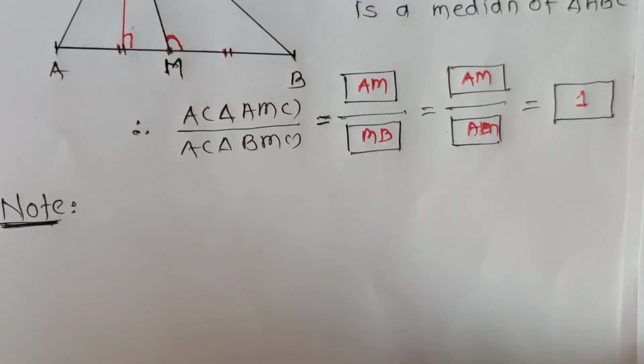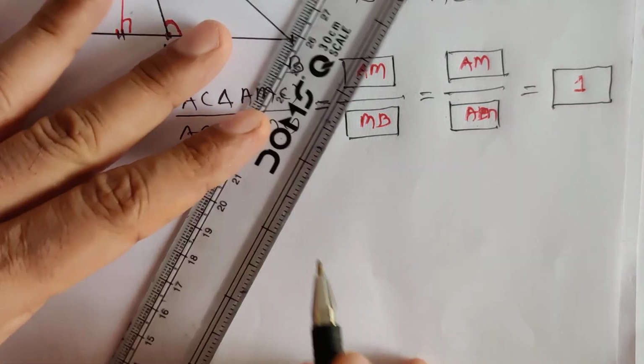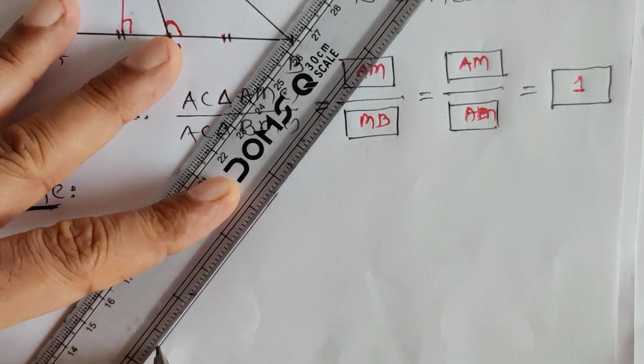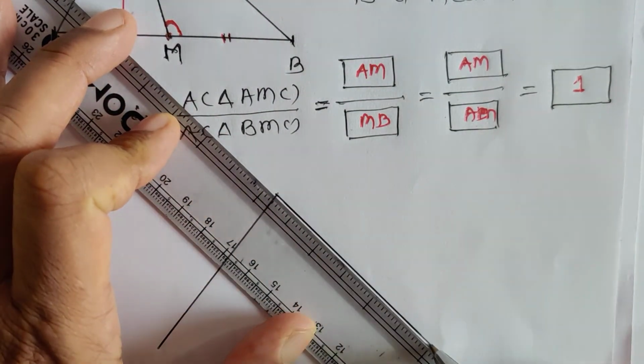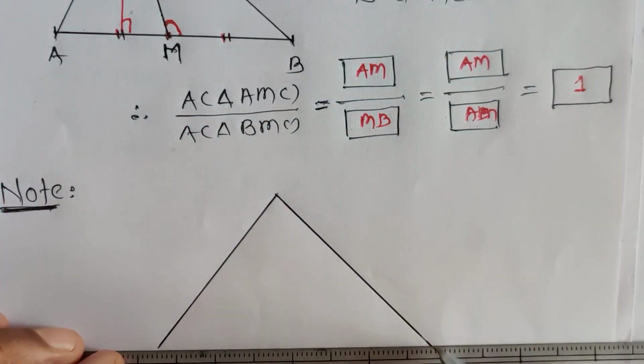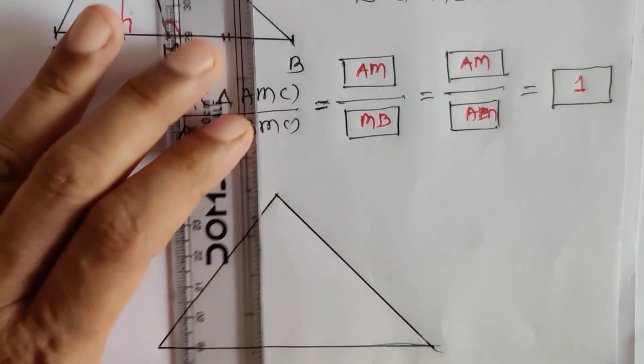Now note one more thing. If we observe this figure, how to decide these are triangles of equal height? One trick is there. Let us see this trick.